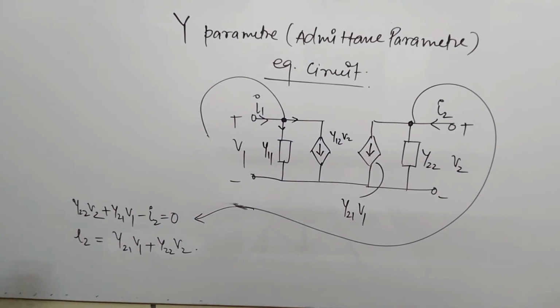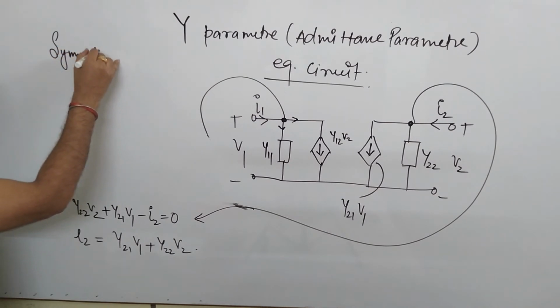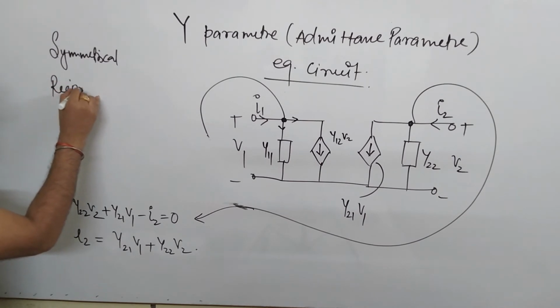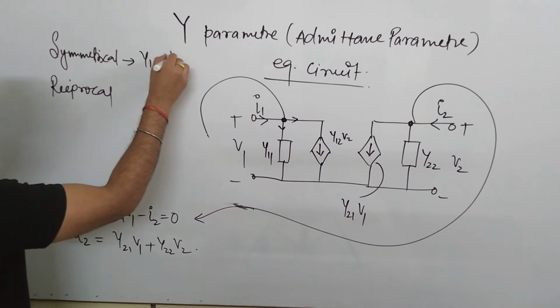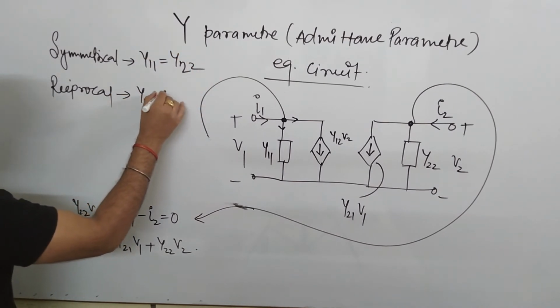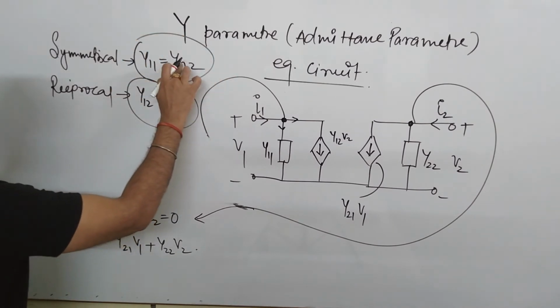Finally, the conditions of a symmetric network and a reciprocal network. For the symmetric condition, again the same thing, y11 equal to y22, and for reciprocal, y12 is equal to y21. Very important, just keep in mind.